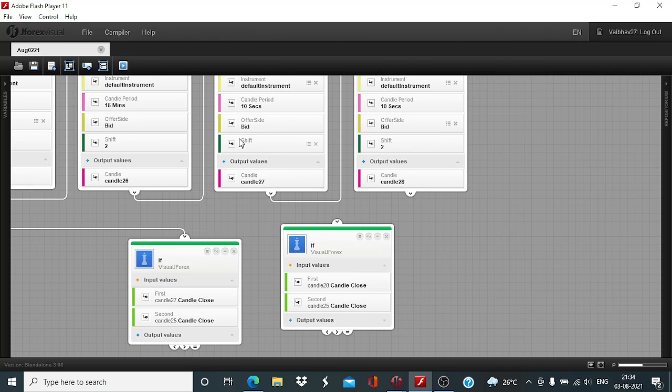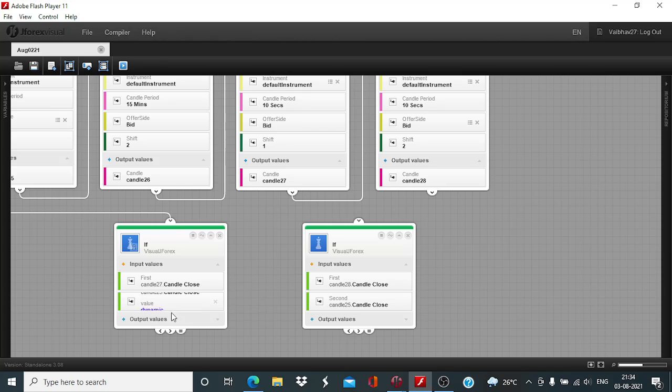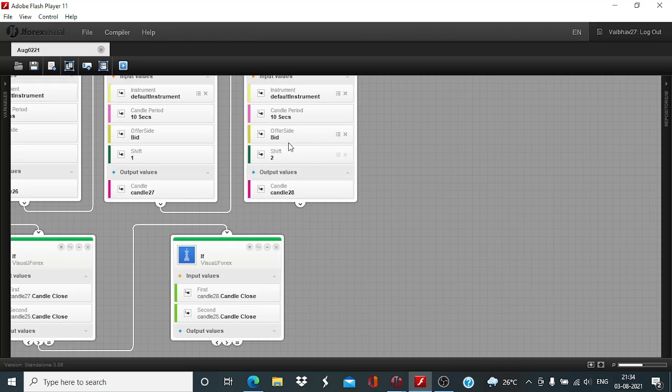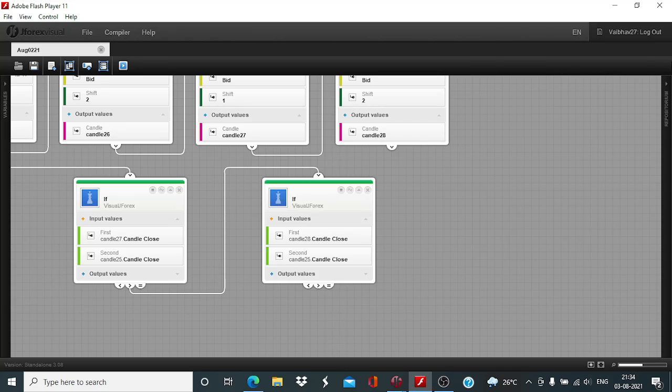Candle 27 has a look back period of 1. That means this is the last 10-second candle and it should have closed higher. So first input greater than second input. And candle 28 is the penultimate 10-second candle. So it should have closed lower. So in this case, it will be first input less than second input.